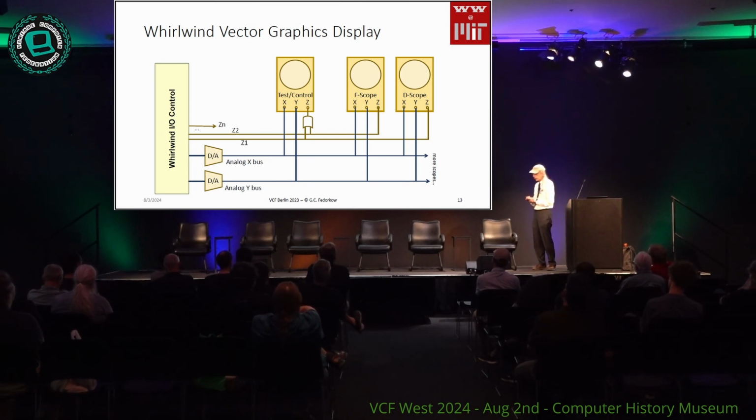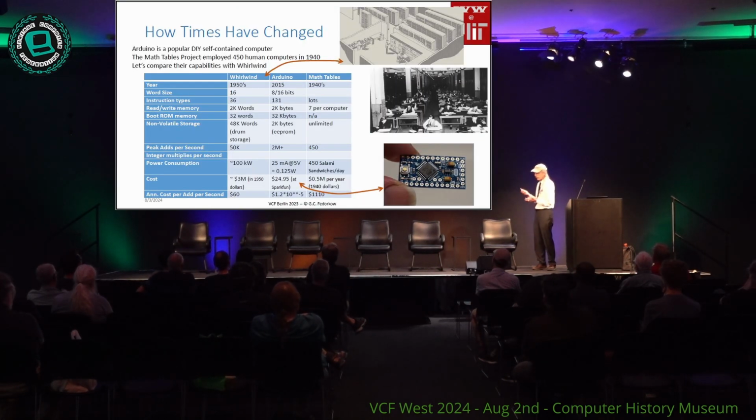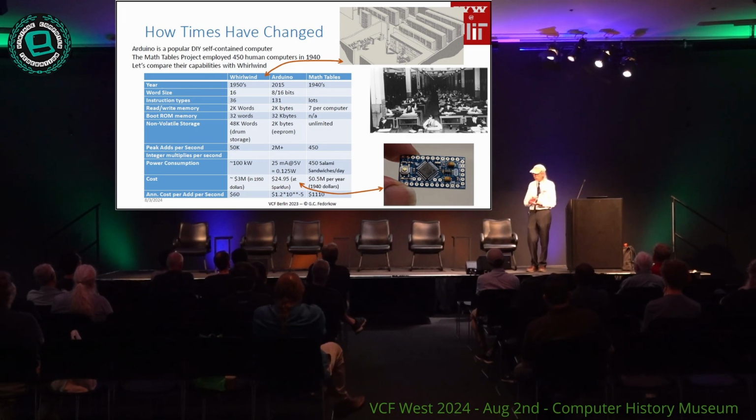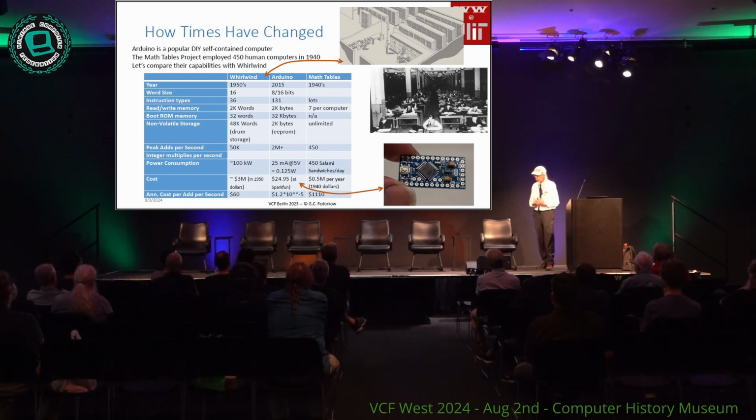They ultimately ended up with an additional bit of hardware to draw short vectors, so points and vectors. I think everyone in this room knows the kind of timeline of how this kind of stuff has evolved. I won't go over this, but I think of Whirlwind as the slowest Arduino you've ever seen.